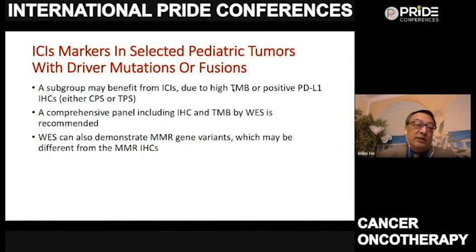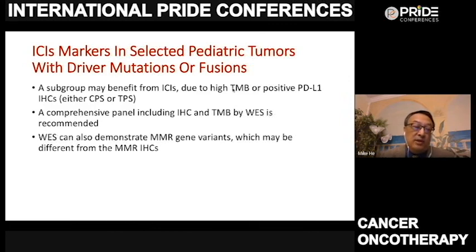So our conclusion is that a subgroup of these patients, even with a well-defined driver mutation, supposed to have less genomic noise, could still benefit from potential immune checkpoint inhibitors due to either high TMB or positive PD-L1 staining, and a comprehensive panel to cover these markers is recommended.